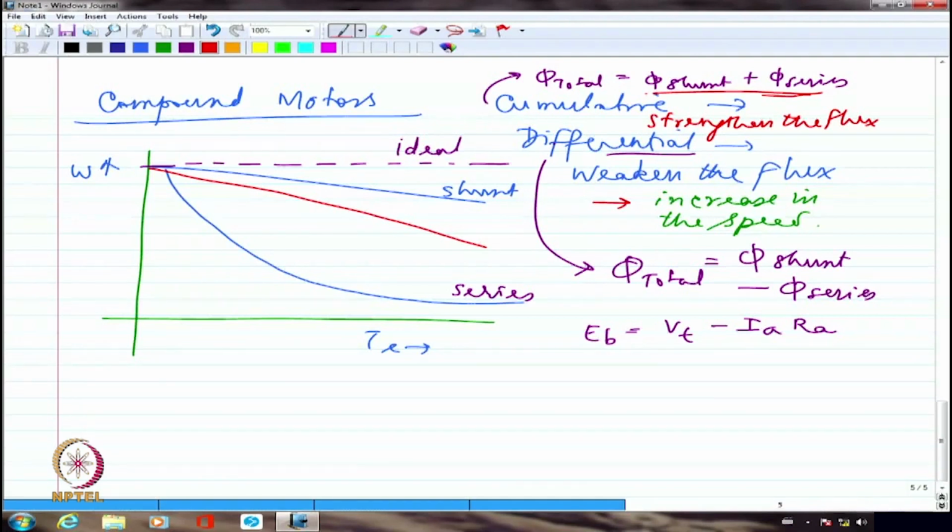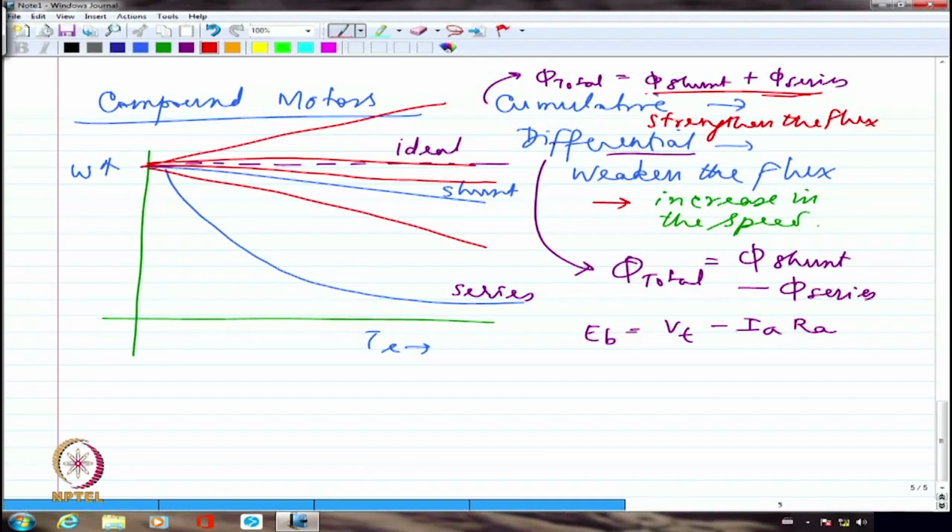It is just the converse of what we had in the case of our generator. In the generator, cumulative was becoming flatter or higher in terms of voltage, whereas here differential will behave that way. So I can again have an under compounded differential DC motor, a flat compounded differential, or an over compounded differential DC motor.